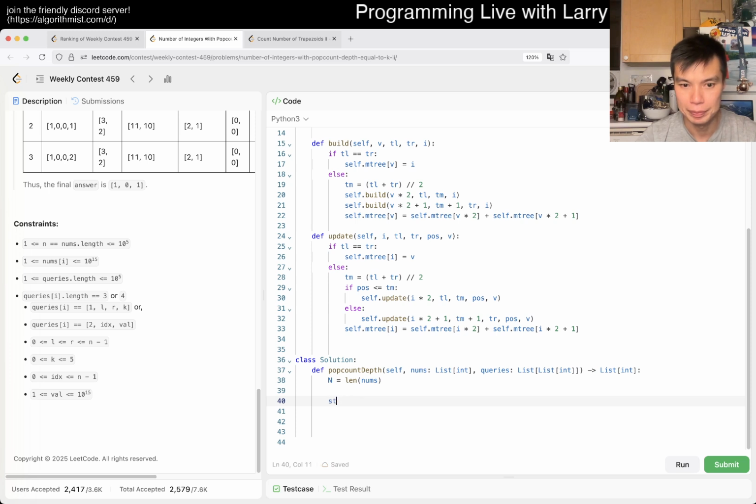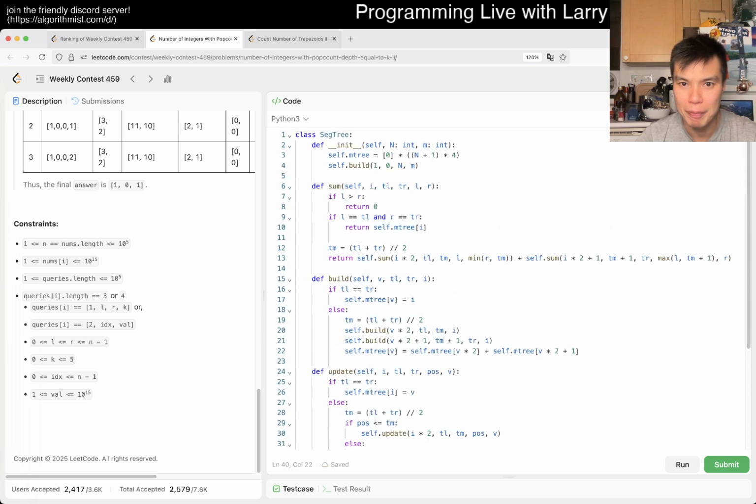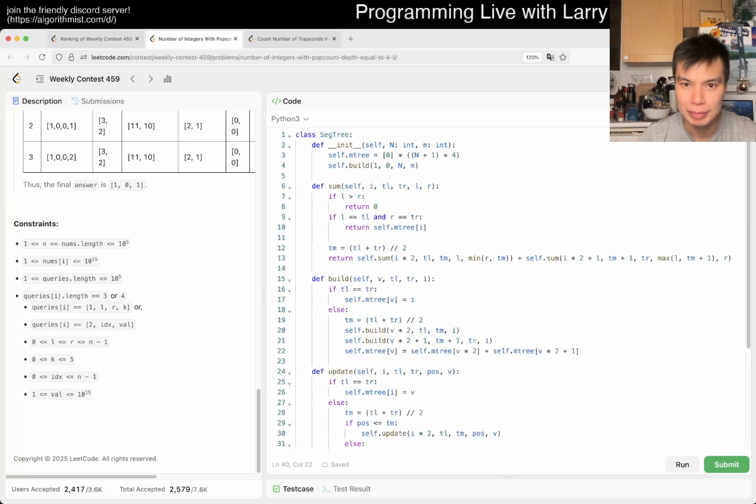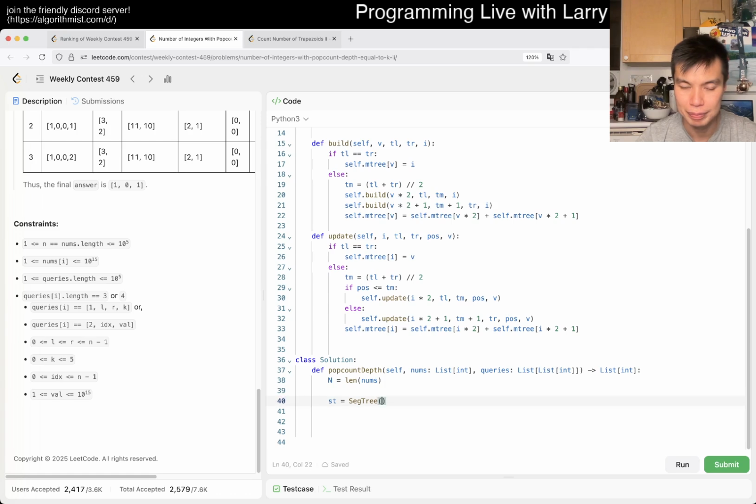Segtree. What's M again? Set it all to 0. Okay, fine. Why did I write it this way? I don't remember. Whatever. 6, right? 5 inclusive.